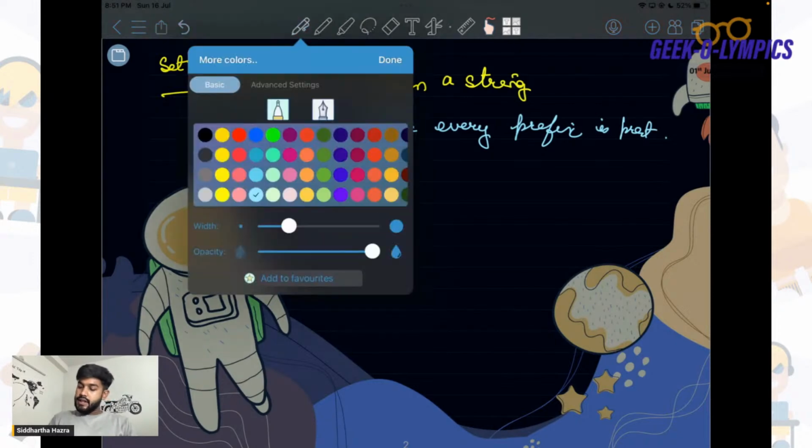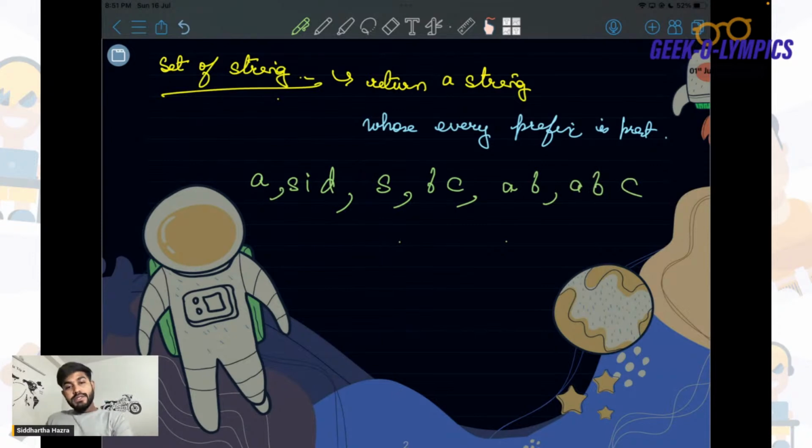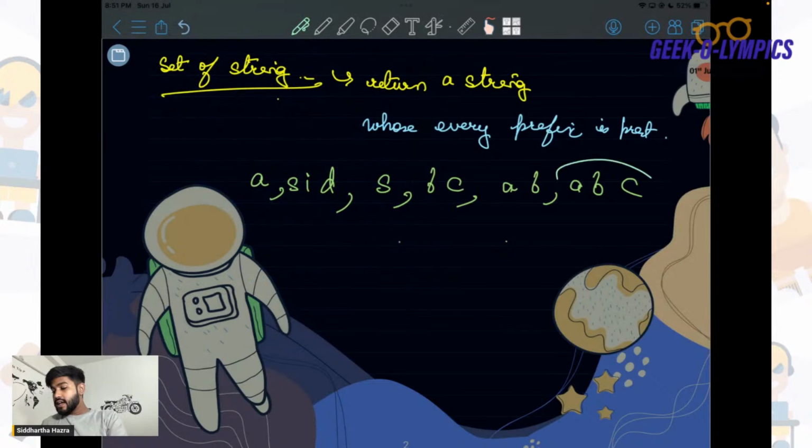Let's take for example, let's say we are given A, then SID, then S, then BC, then AB, then ABC. If you observe, the answer is none other than ABC.